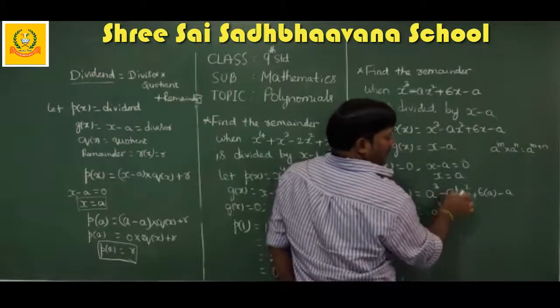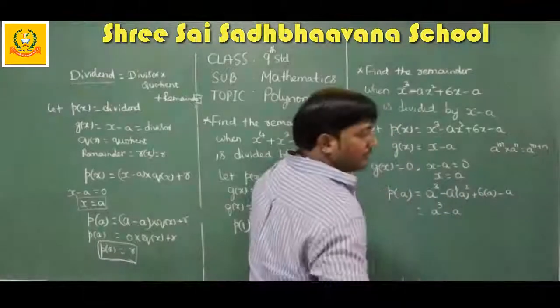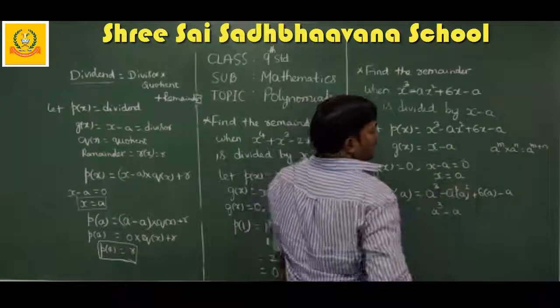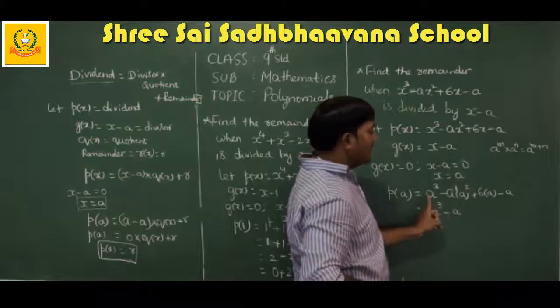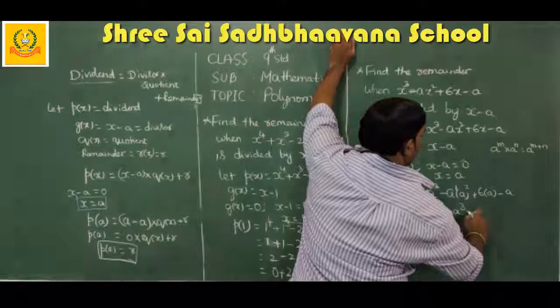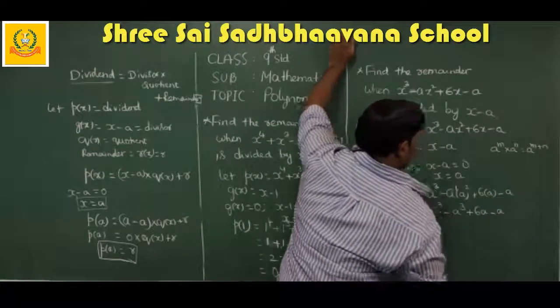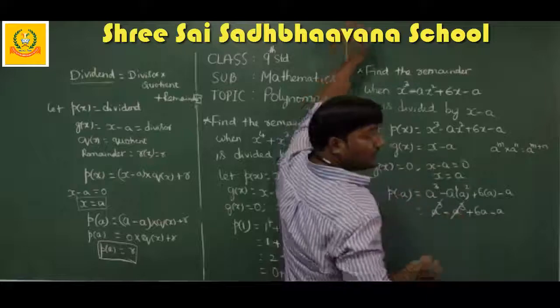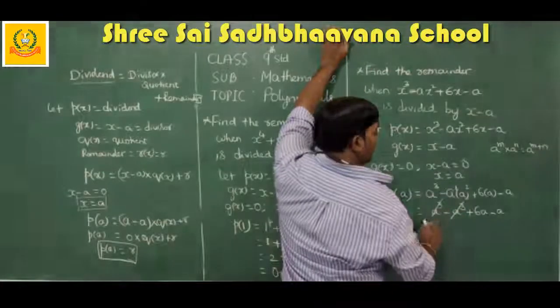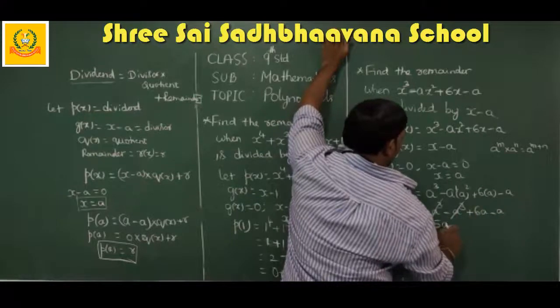Bases are the same, so we add the exponents. Here m and n are 1 and 2, so a power 3, because 1 plus 2 is 3. So a cube minus a cube plus 6a minus a. The a cube terms get cancelled.